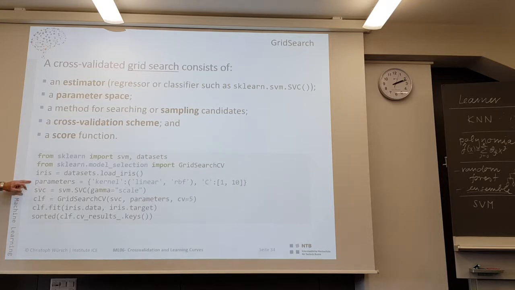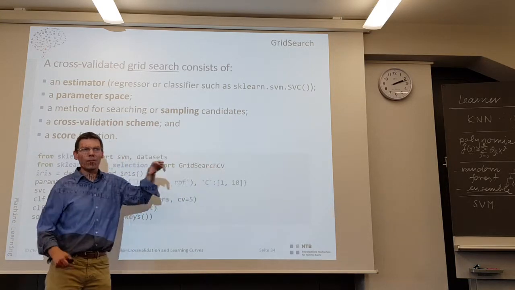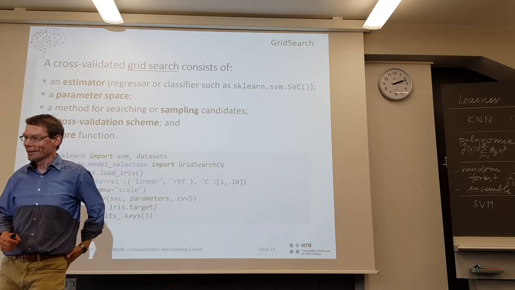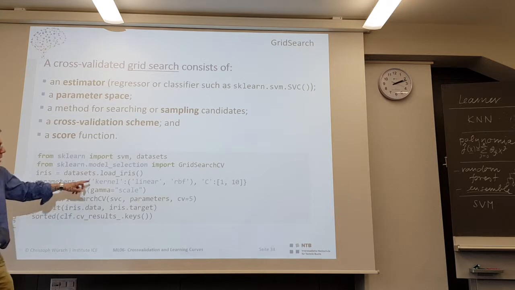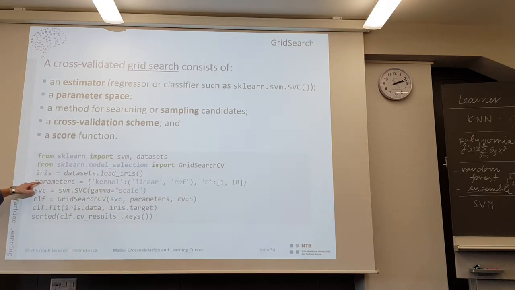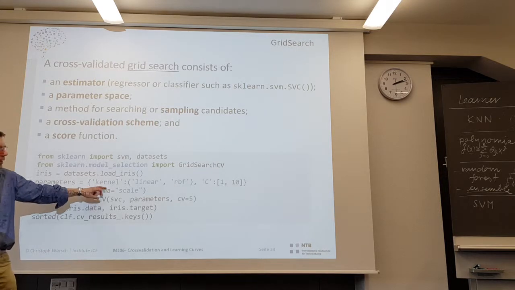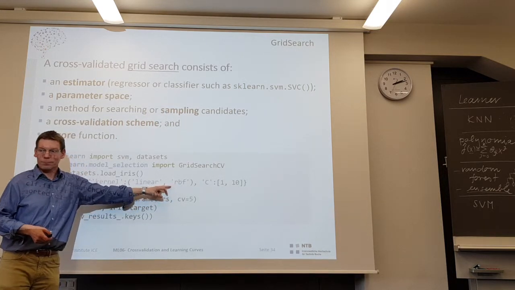And one idea is here. We call it cross-validated grid search. So this is the double loop inside here. We do a 5-fold cross-validation, and we do a grid search over certain parameters. Here we have, for a support vector machine, different kernels, either a linear kernel or a radial basis function kernel.